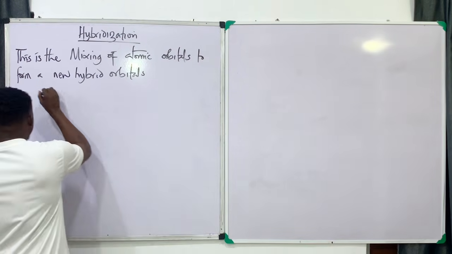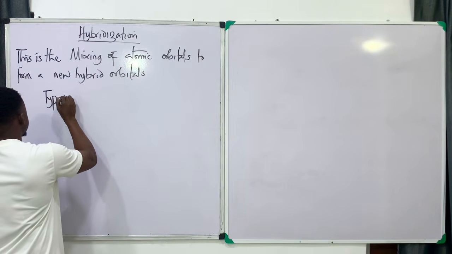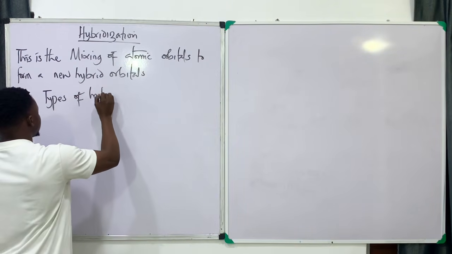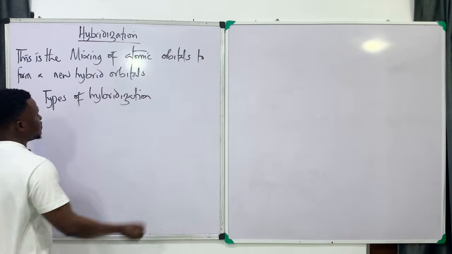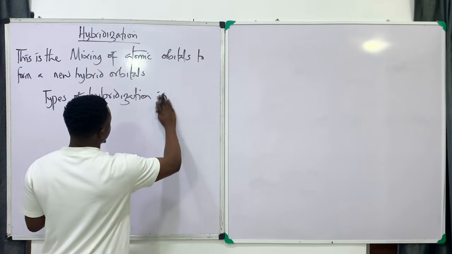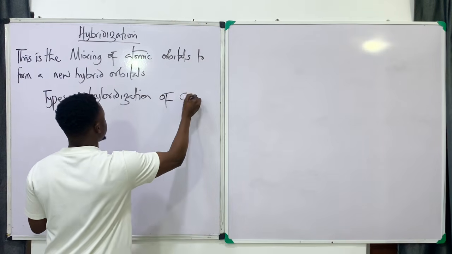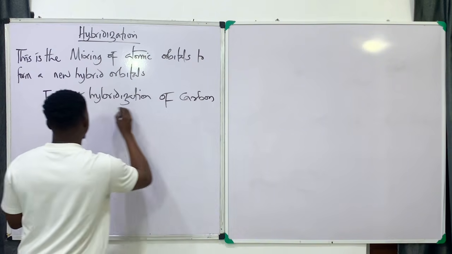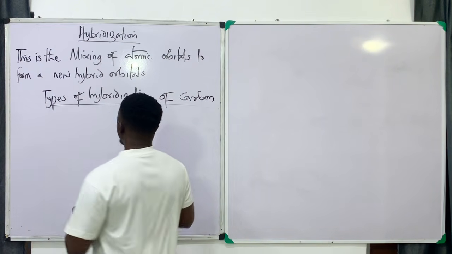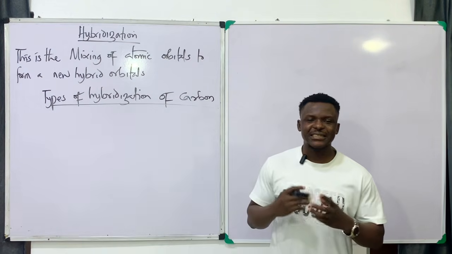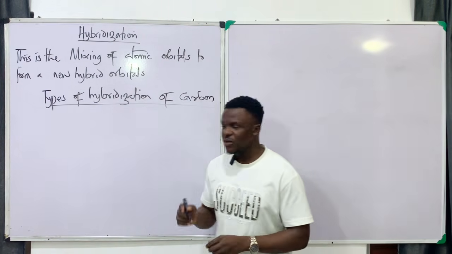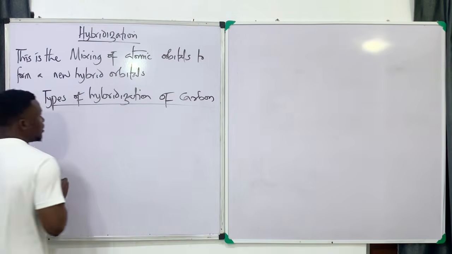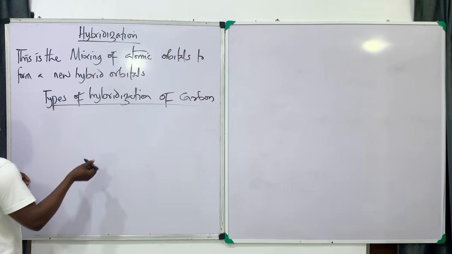All right? So let's say types of hybridization of carbon. Remember, hybridization of carbon is actually found in organic compounds because carbon is the central atom. So we have three major types of hybridization.